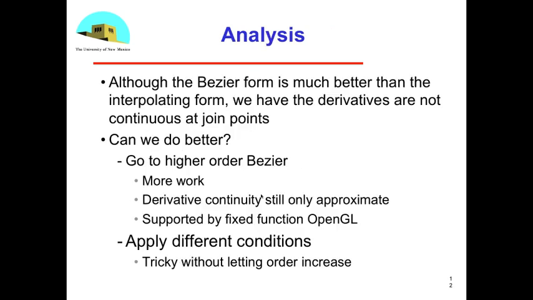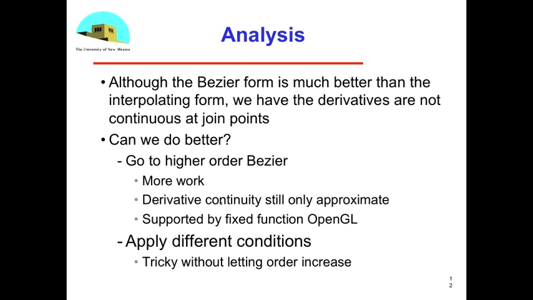So rather than go to higher order and look at different conditions, because if we look at different conditions, we may no longer have that wonderful convex hull property, we ask, can we do better? And you'd think, going back to the curves, with a cubic curve and 4 points, haven't we done all we could possibly do?